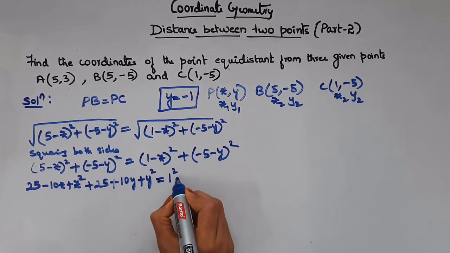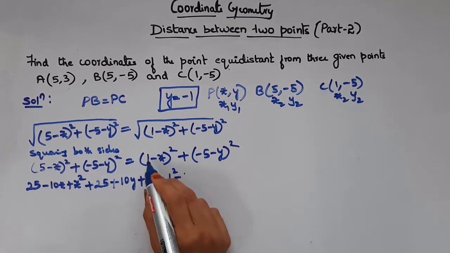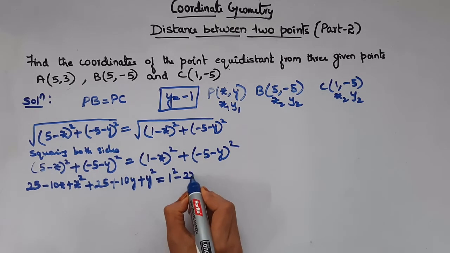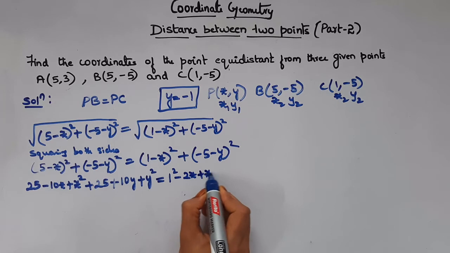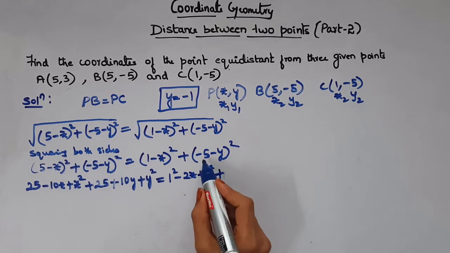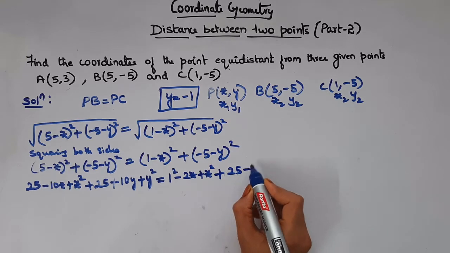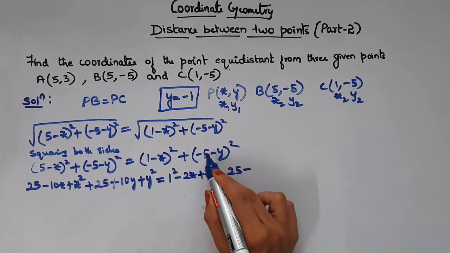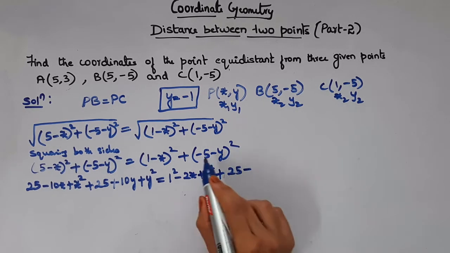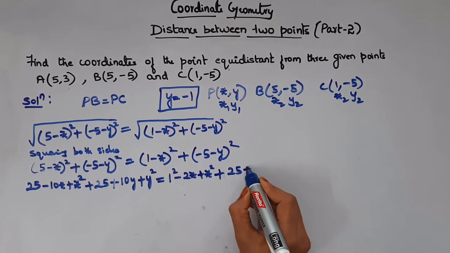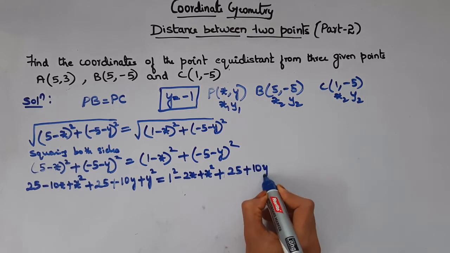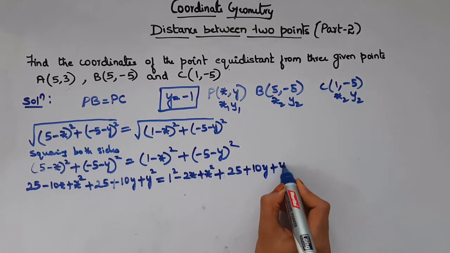which is equal to, this is also of the form a minus b the whole square. So a square minus 2 into 1 into x is 2x plus b square here is x square, right? Plus minus 5 the whole square is 25 minus 2 into minus 5 is minus 10y, right? So minus of minus is plus 10y plus b square is y square.